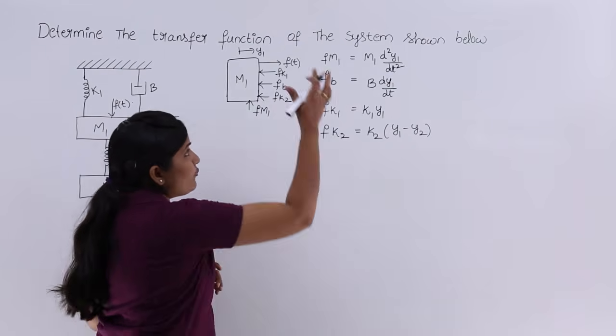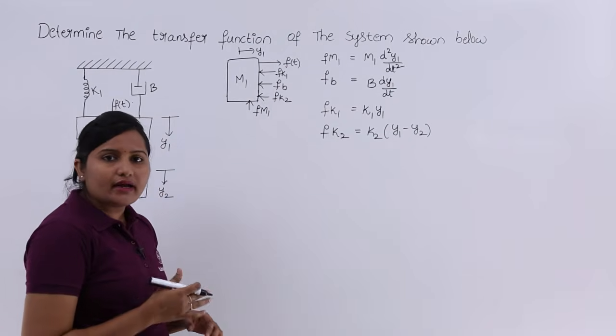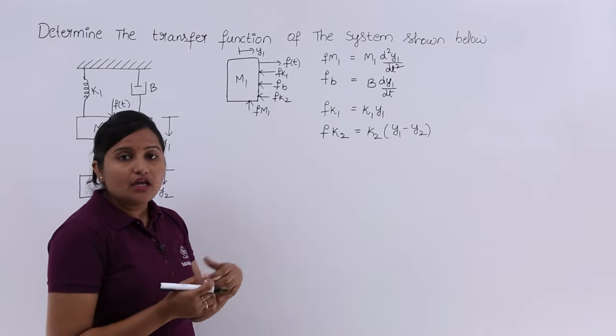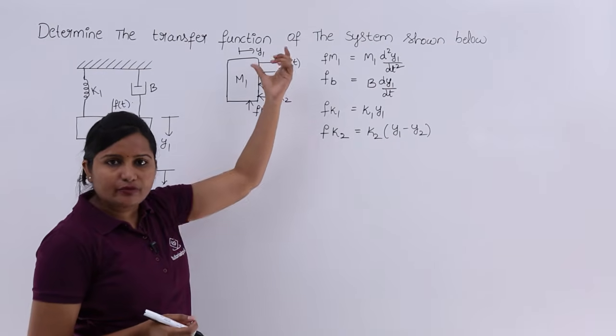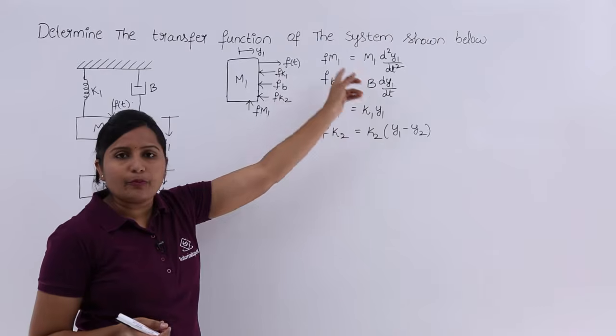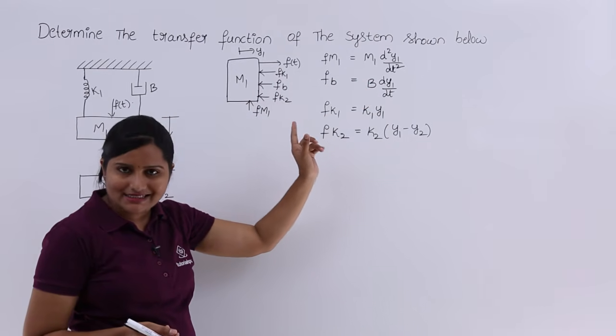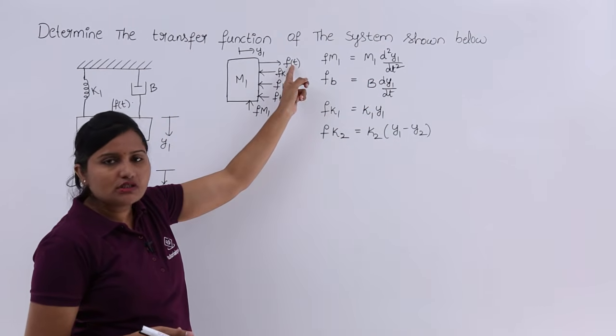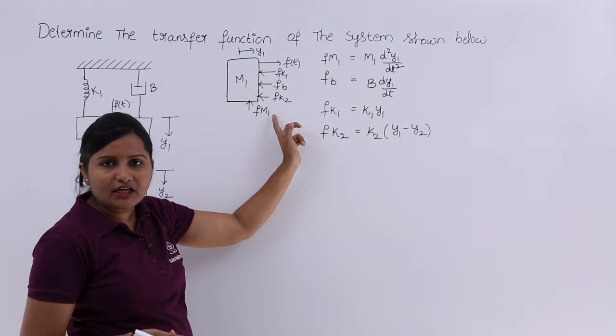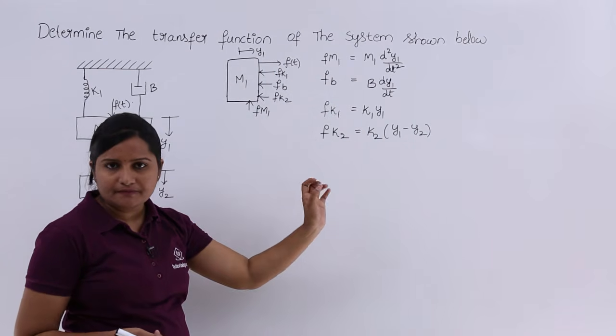So now, after drawing the free body diagram and ensuring all the forces, you need to write the input force equivalent to all these opposing forces. According to Newton's second law, the applied force on a body is equivalent to the opposing forces.